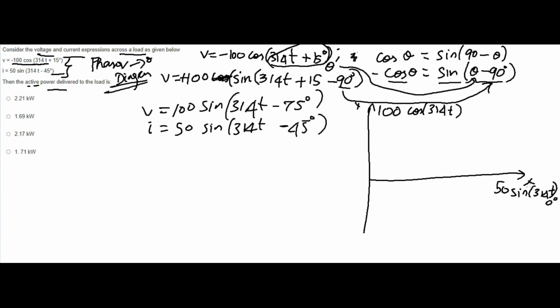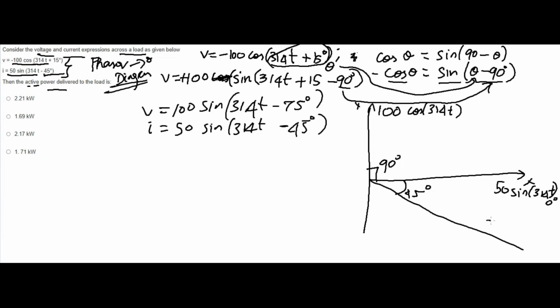Now this is the exact angle of 90 degrees. Next one, I take 50 sine of 314t, but here I didn't take degrees, only the reference. So now the first one is 45, and I take it as minus, which means it goes down. I'm going to have a 45 degree angle below.